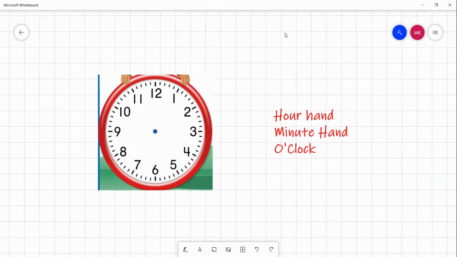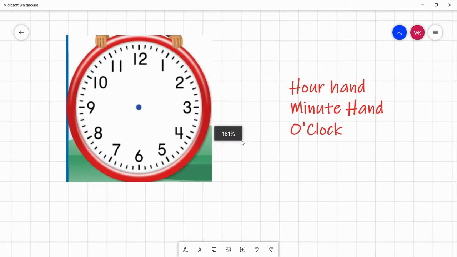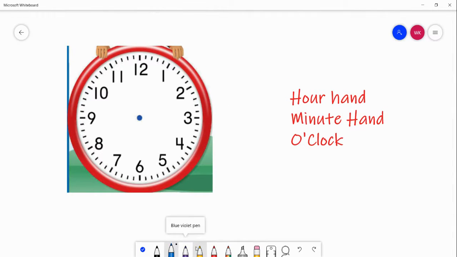Let's go ahead and try another one. So I'm going to put the minute hand on the 12. That means 0 minutes. And then I'm going to put the big hand right here, or the hour hand. So the hour hand is pointed to where? It's pointed to the 9, right?